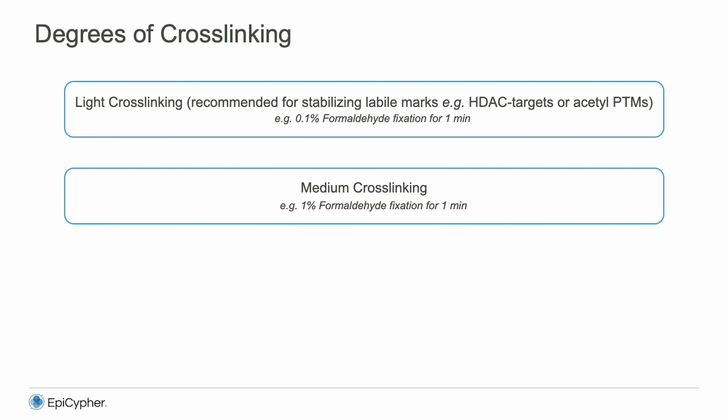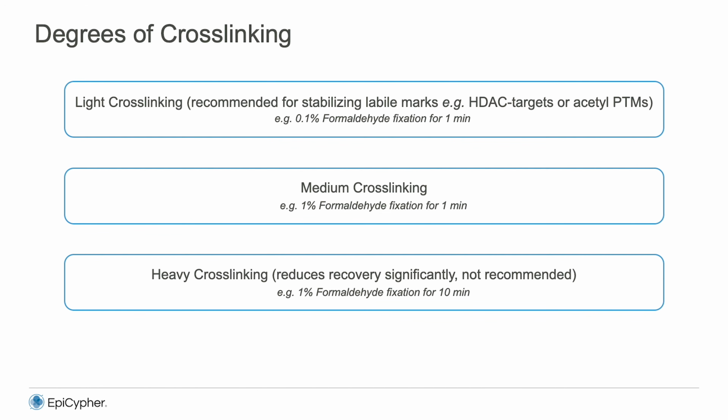It's important to determine the biological impact of cross-linking by titrating the amount and duration of cross-linking in your experiments. We have found that heavy cross-linking, as used in ChIP, which uses 1% formaldehyde for 10 minutes, significantly reduced DNA fragment recovery in CUT&RUN and is not recommended.